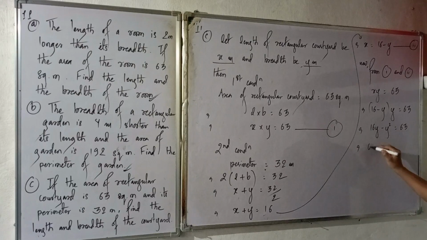Now move all to the other side. y square minus 16y plus 63 equals 0.